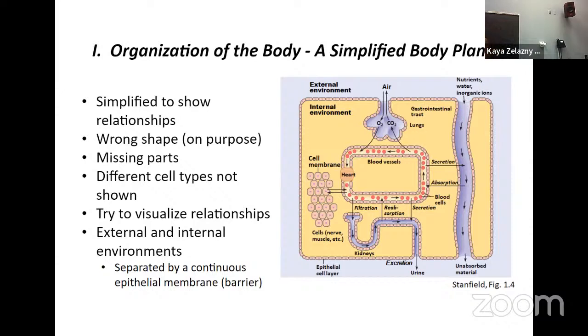Anything in this bluish, purplish, grayish color is considered external to the body, and anything in yellow or red or orange is considered an internal environment. The separation here is through something called the epithelial membrane. That's the barrier. The most obvious one is your skin, which is what we see lining the outside.